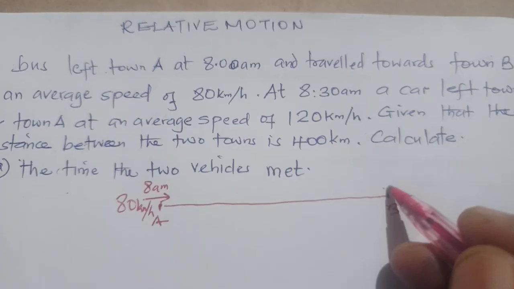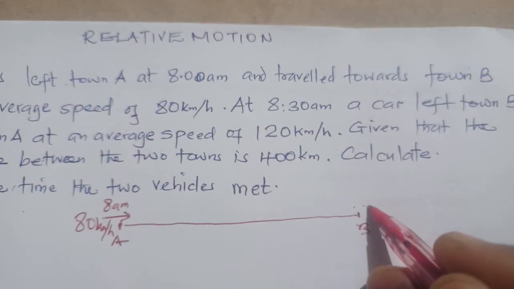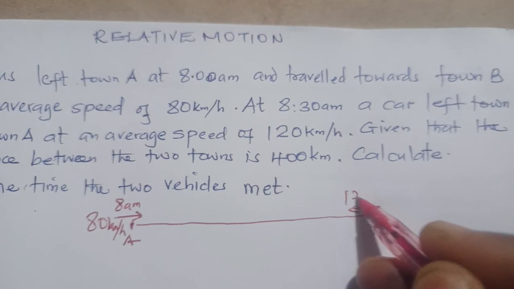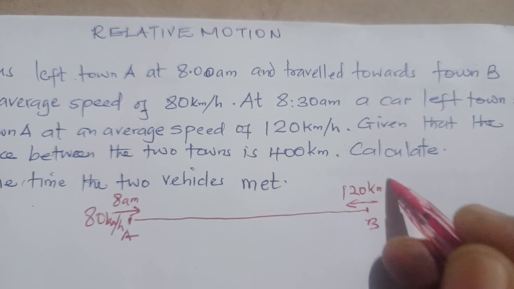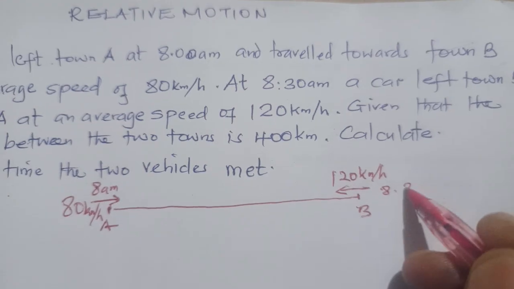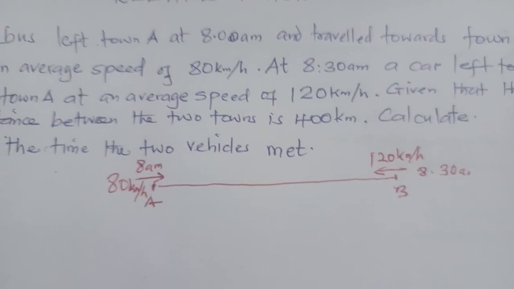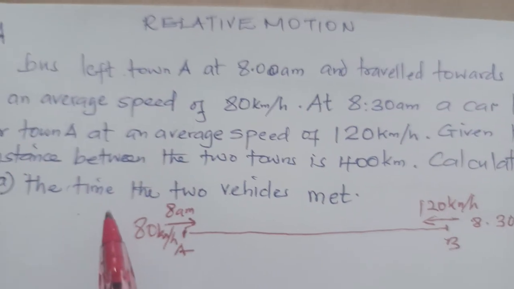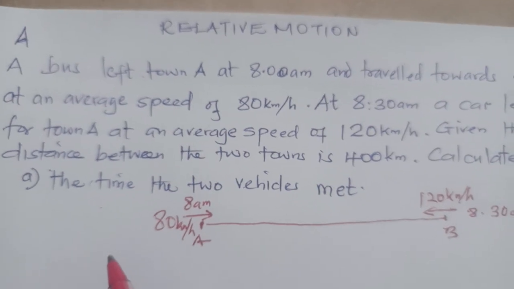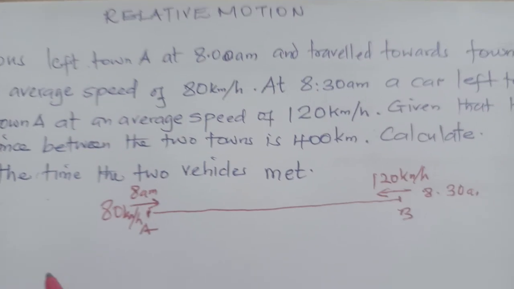And the car leaves town B at 120 kilometers per hour, but 30 minutes later at 8:30 a.m.